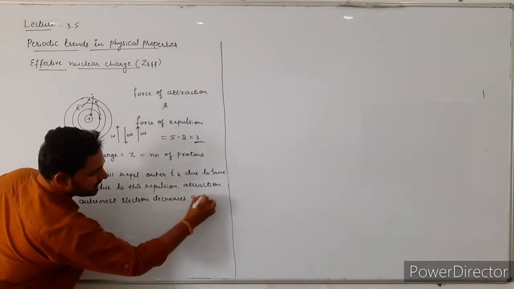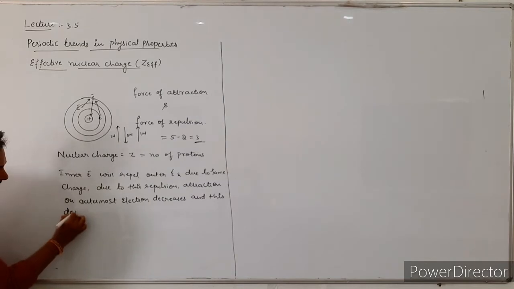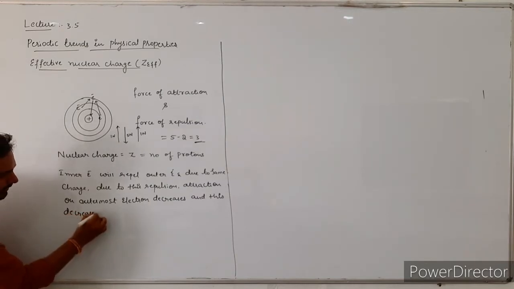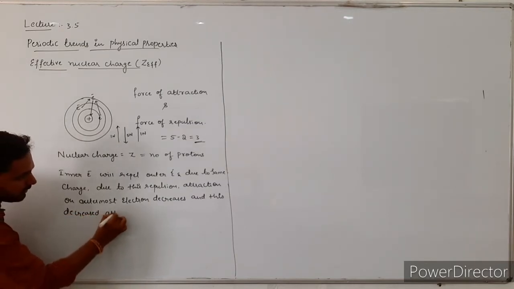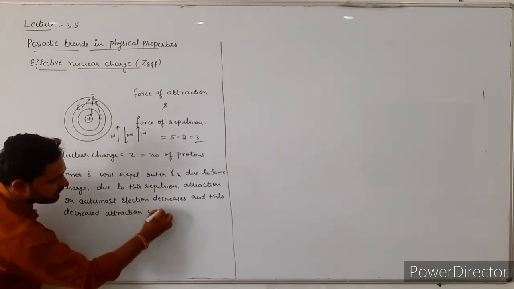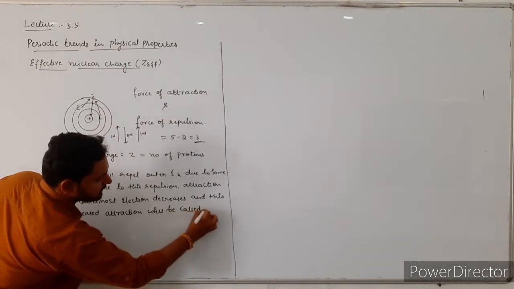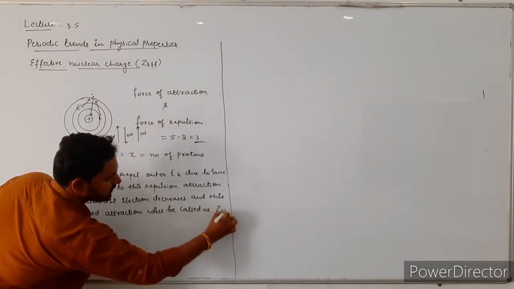And this decreased attraction is called the effective nuclear charge.